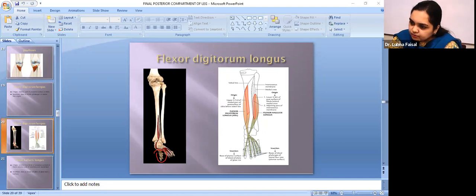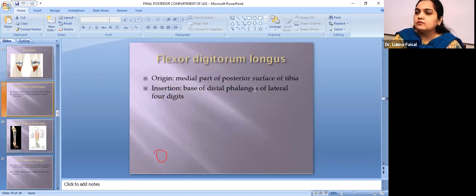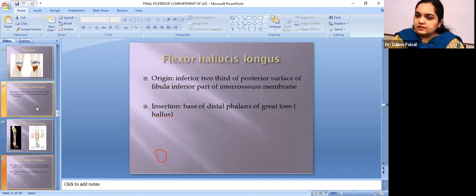It will go to the foot, and the flexor digitorum longus will form the tendons for the base of the distal phalanx of the lateral four digits, and it will cause plantar flexion.